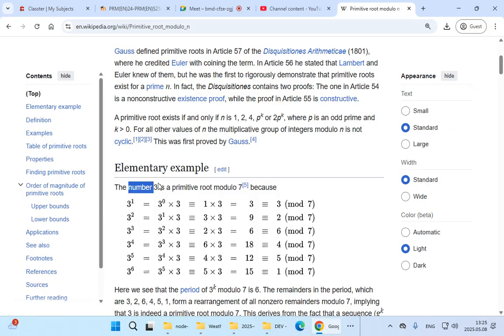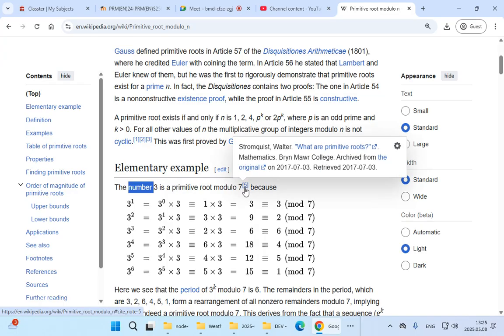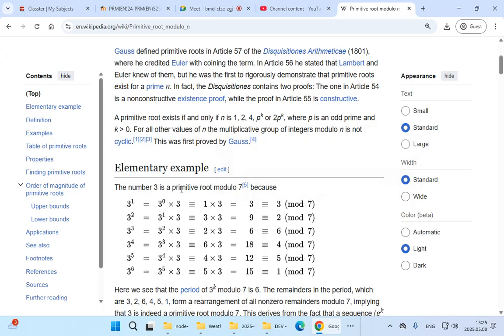You have the number 3, and 3 is a primitive root modulo 7. It means that if you take different powers of 3: 3 to the power of 1 is 3, and if you divide by 7, what is 3 modulo 7?